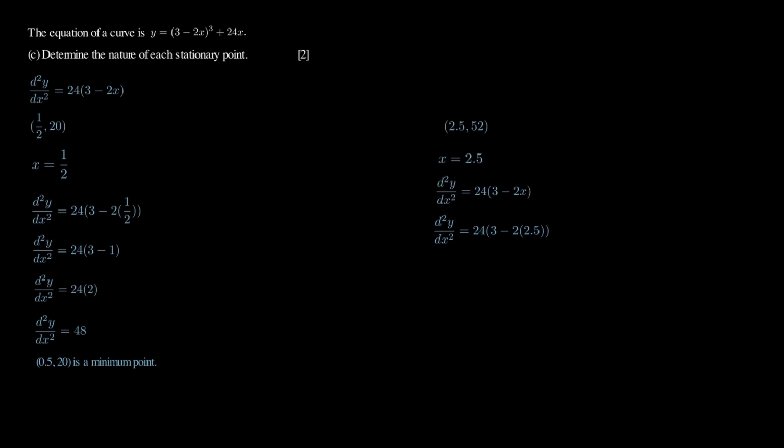If we multiply it, we're going to get 24 multiplied by 3 minus 5, which will be equal to 24 multiplied by negative 2, and in total the second derivative is negative 48. Now because it is a negative value, we can say the stationary point of 2.5 and 52 is going to be a maximum point.